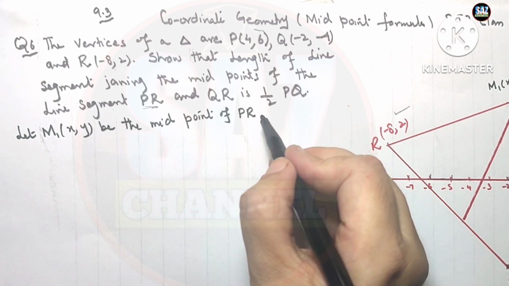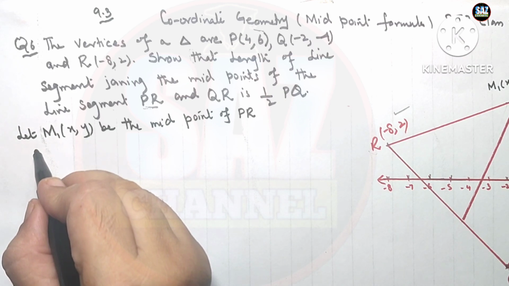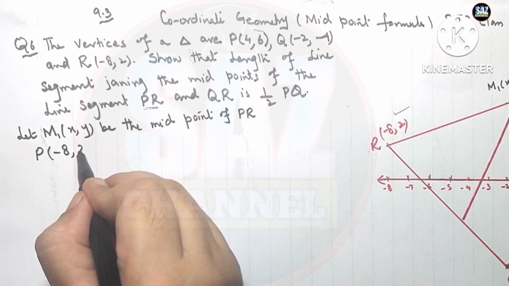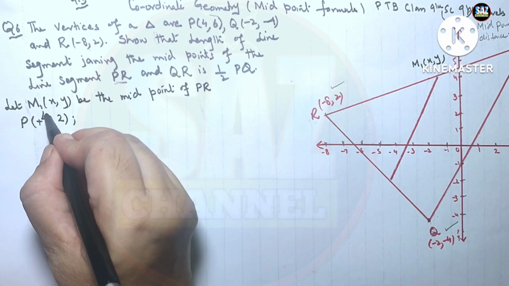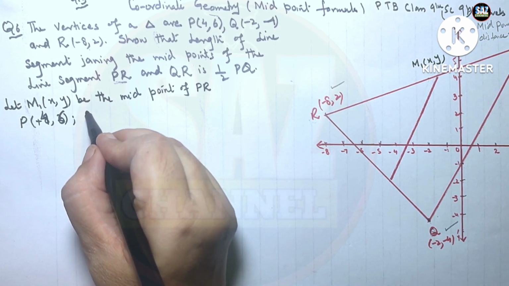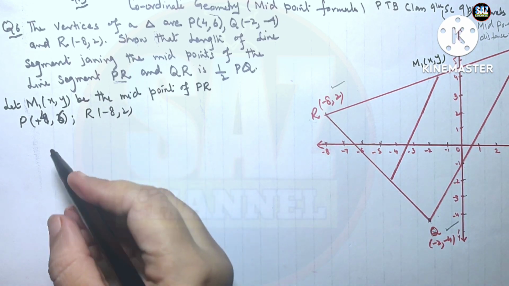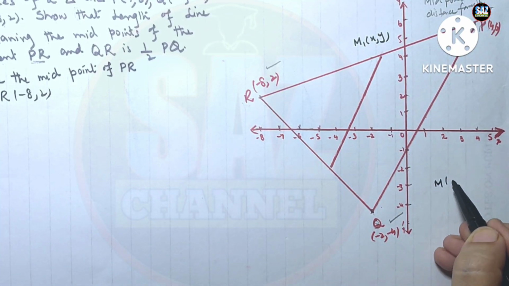Then P has the coordinates (4, 6), it's good to write the coordinates in every part, and R has the coordinates (-8, 2).